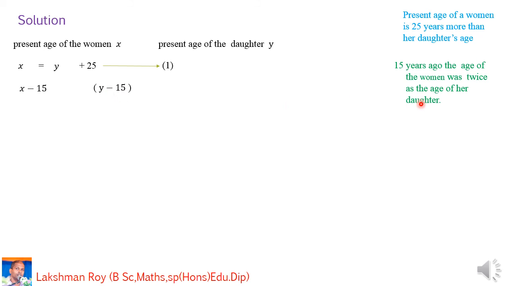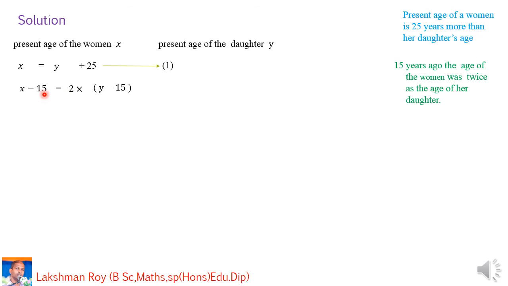Now what is the sentence? Fifteen years ago, the age of the woman was twice the age of her daughter. That means the age of the daughter should be multiplied by 2, and that is equal to the age of the woman.